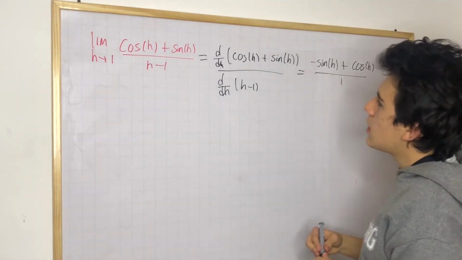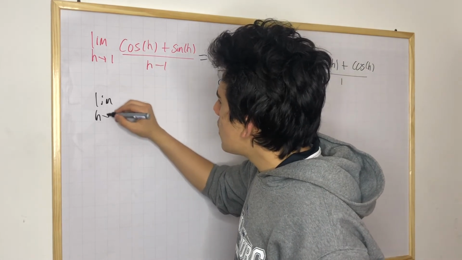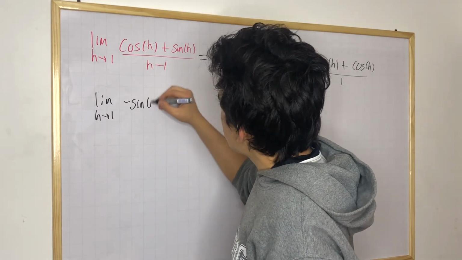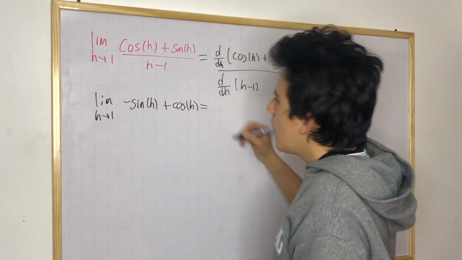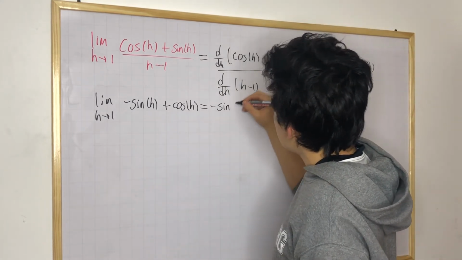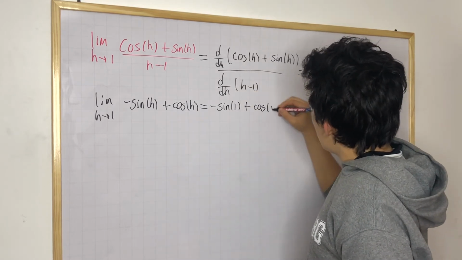So now we can write this as the limit as h approaches 1 for negative sine of h plus cosine of h. And now we can plug in 1 into this. So we're going to have negative sine of 1 plus cosine of 1.